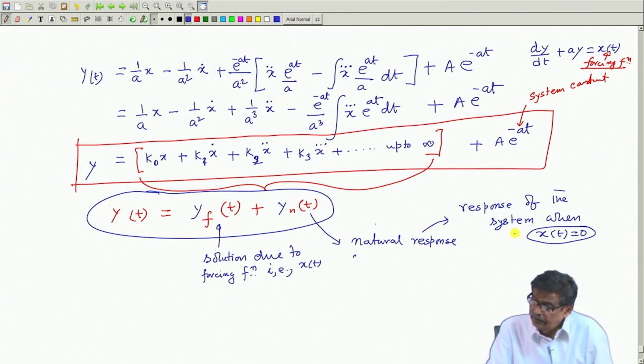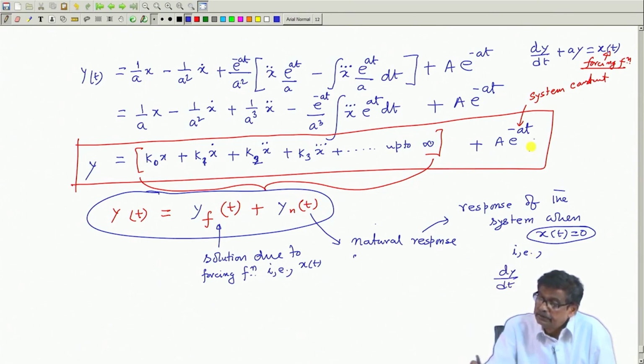That is the response of the system when x t equal to 0, that is, the solution of the system when dy dt plus a y is equal to 0. No input is given, what is the solution? Can there be a solution without input?